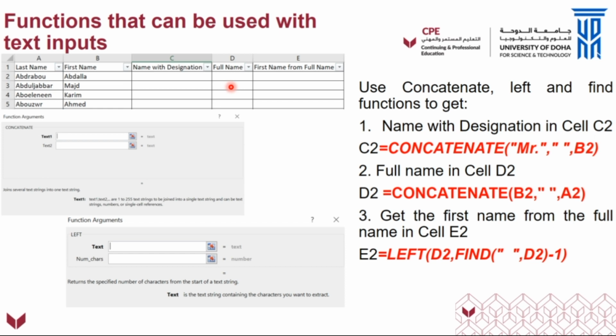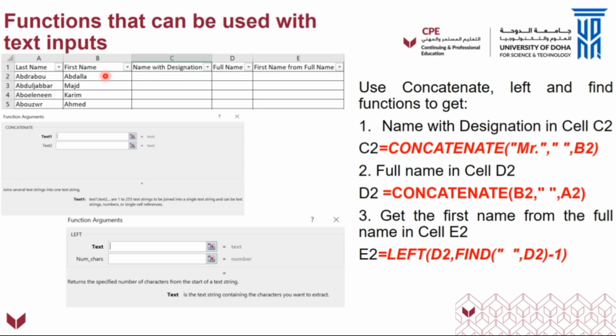Or we might have a full name and we have to get the first name or the last name from there, or we have to put a designation to the full name or the first name, etc. So these are all operations where we have to deal with text inputs and combine them, split them, and so on, rather than all the examples that we have seen till now where we are dealing with numbers.